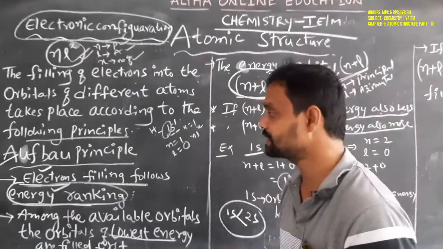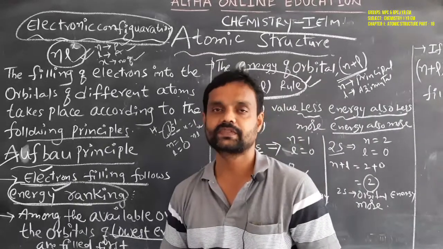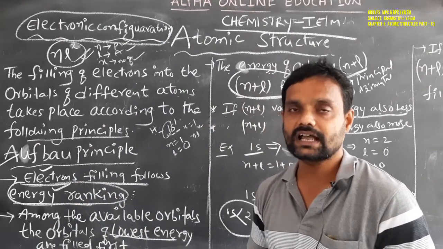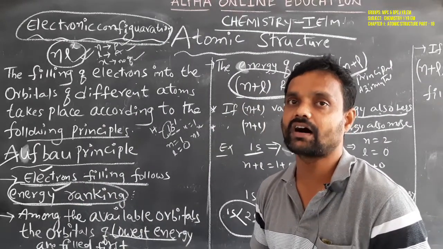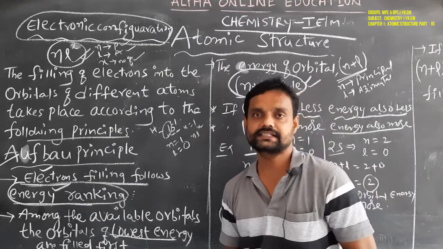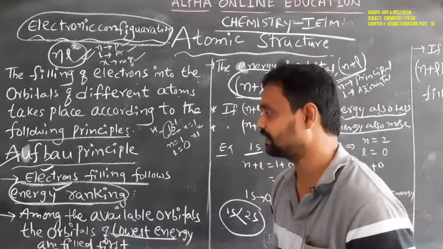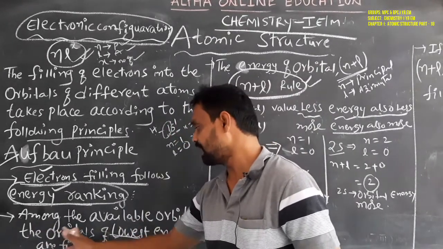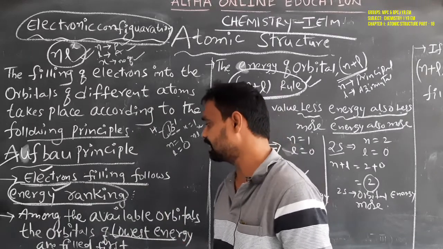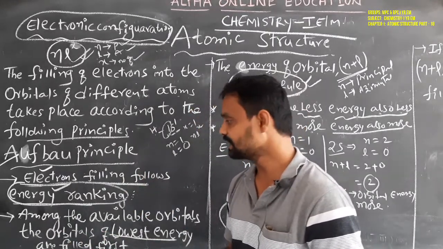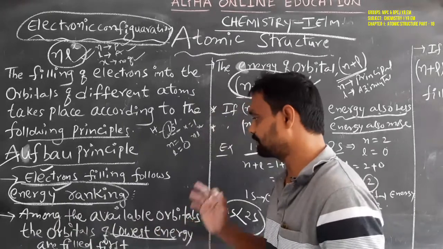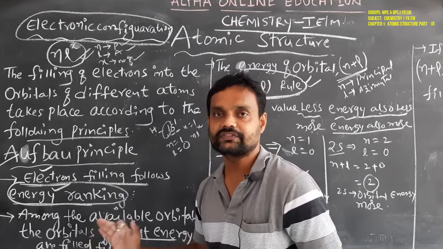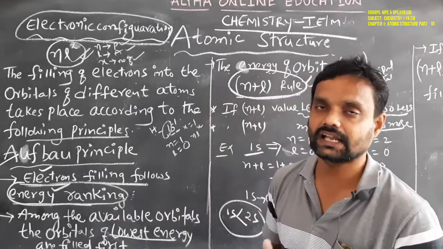Among the available orbitals, the orbital of lowest energy is filled first with electrons.